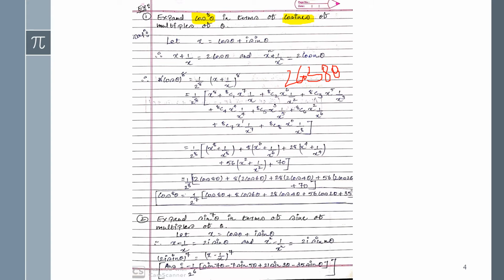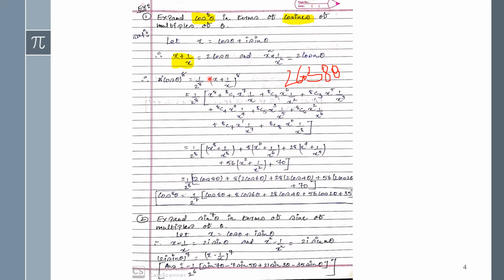So we can apply cos theta equals this one, I'm just highlighting this. Okay, so I'm doing this whole raised to 8 power, the 2 we can apply downstairs, and x plus 1 upon x whole raised to 8. Okay guys, now next, 1 upon 2 raised to 8, I'm just keeping as it is.